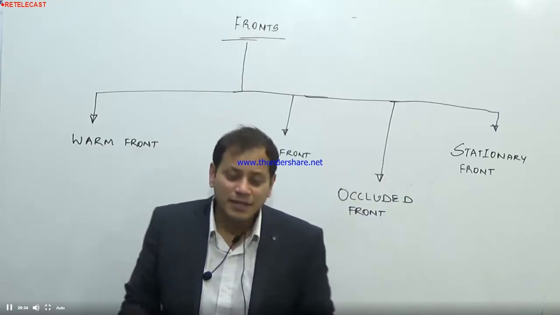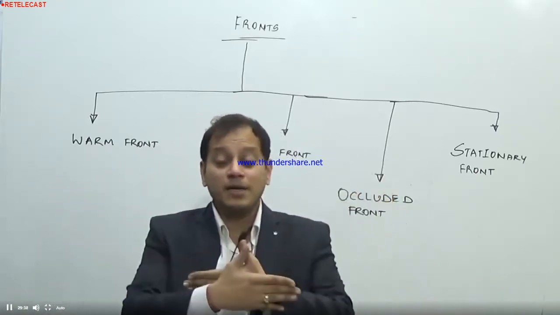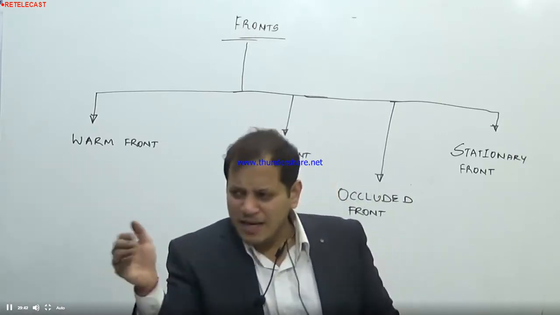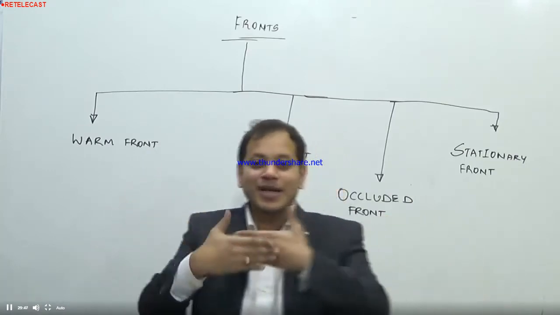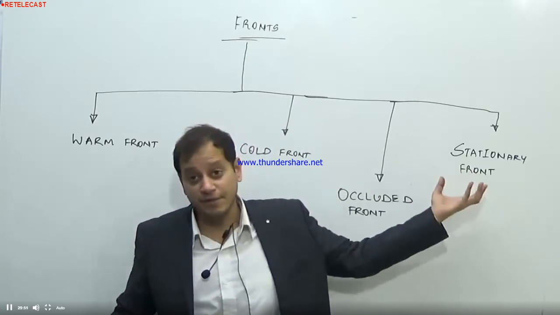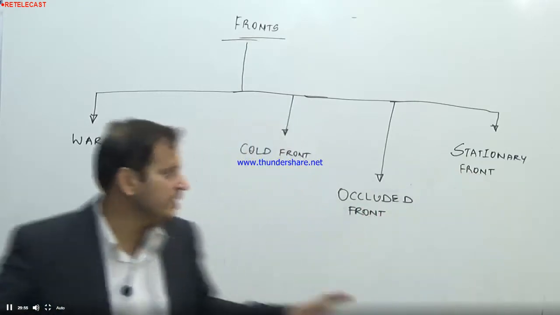And a stationary front is a front when both the winds do not converge but flow parallel to each other. There is a concept known as geostrophic winds, that is when the winds move parallel to each other. When the winds move parallel to each other, it is known as a stationary front. So, we'll study each of these fronts in detail.